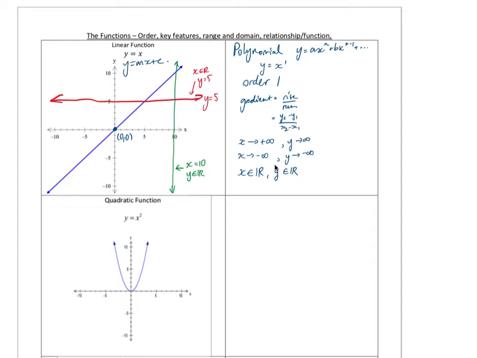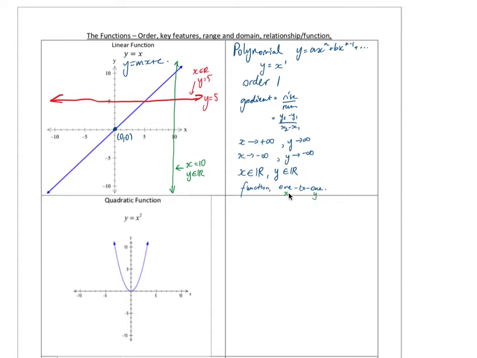Therefore, we say this is a function, and it's one-to-one for that reason. If you want to think about it, this is the x part and this is the y part. One x value produces one y value, and one y value produces one x value.